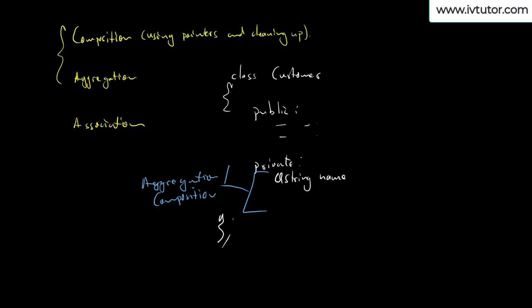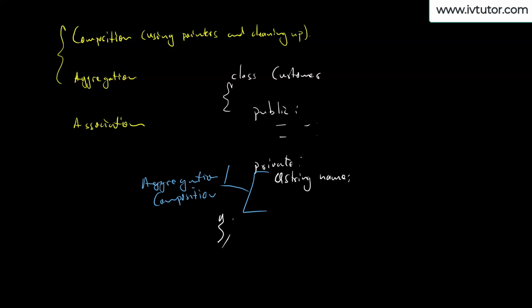If it's not a pointer and it's not being managed by you, then it's aggregation. If it's a pointer that you are managing, assuming that you then have a destructor that deletes it afterwards, then it becomes composition. So as it stands right now, we can say customer is an aggregation relationship with QString. Anything that your class keeps as an instance, as a data member, that's aggregation.